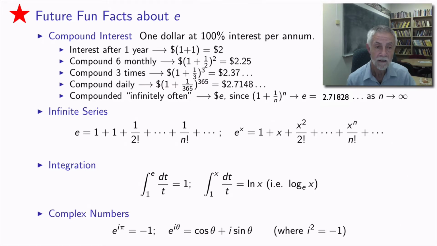And finally, in complex numbers, we have the following rather amazing identity: e raised to the power i pi is equal to -1, where i is the complex number whose square is -1. Pi, you know what the number pi is, and we have to make sense, which we haven't done, of e to the i pi.